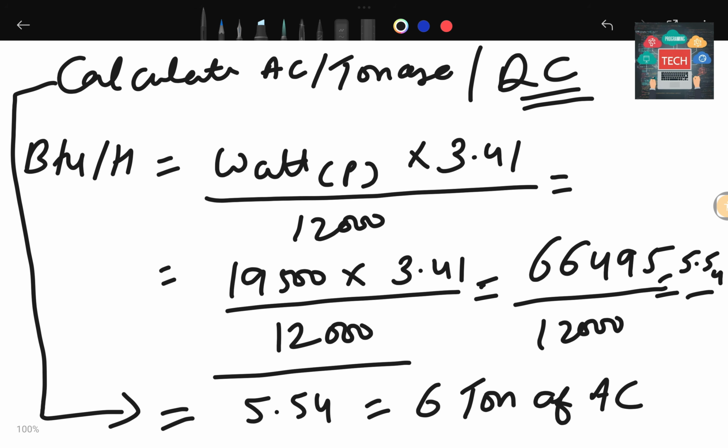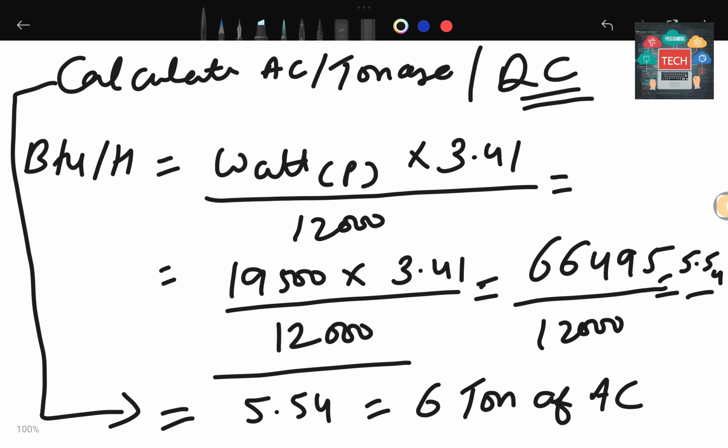Whenever you buy any data center product, there is a document you can download from the internet, or it comes with the equipment. It mentions that this equipment will produce this much BTU, and its wattage is this. You have to consolidate all those BTU values. Generally we take all the wattage of those equipment, multiply by 3.41 and divide by 12,000.